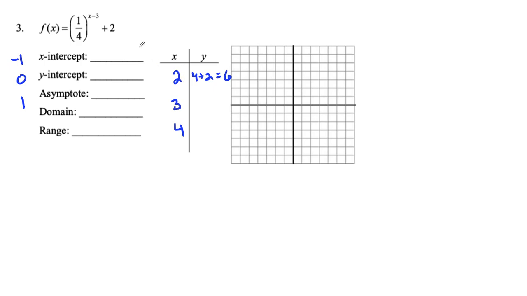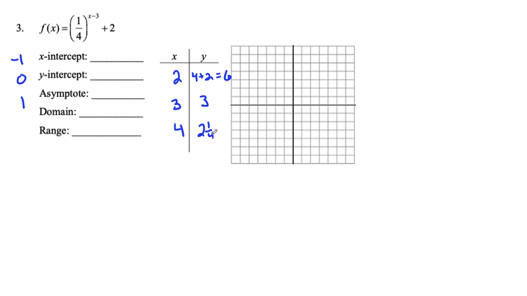And then I'm going to plug 3 in, right? Anything to the 0 power is 1. So this is really easy, even with the fractional base, right? So this becomes 1 plus 2, which is 3. And then we're going to plug 4 in. And that's going to give us 1/4 to the first power, which is just 1/4. So if we add 2 onto that, we get 2 and 1/4.